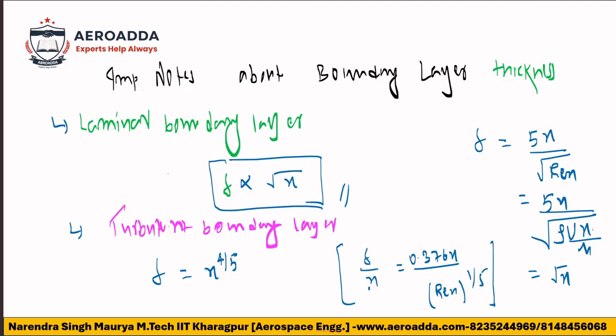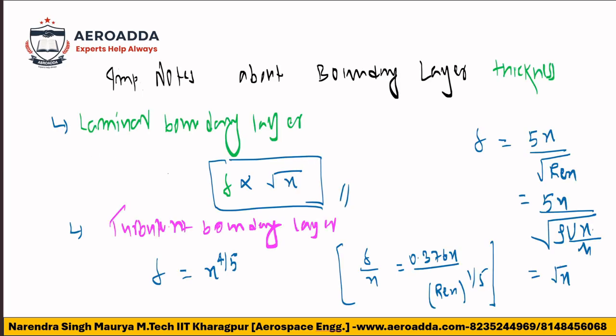As I have told, in this subject so much is available from a 3D point of view. Talk about the delta: how delta is related with the turbulent, how delta is related with U infinity for laminar and turbulent.